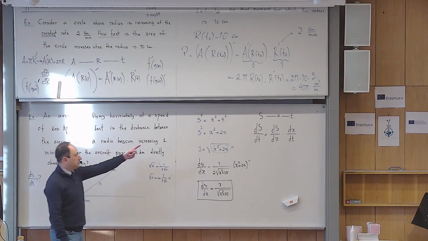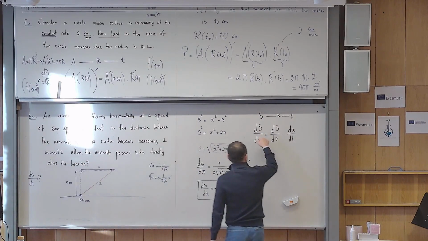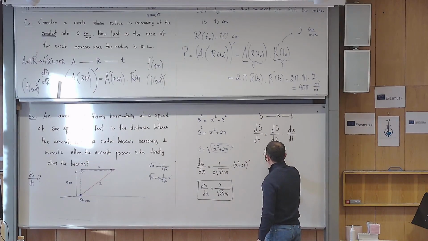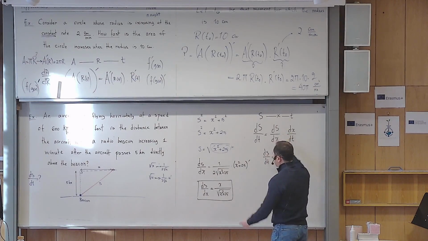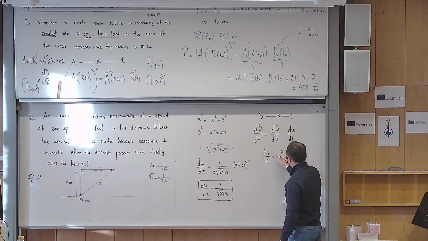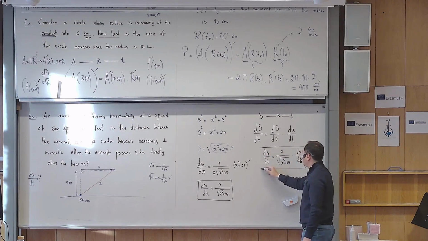Okay, I put it back in my formula. ds dt, which is wanted, is equal to ds dx, which is this quantity, multiplied by dx dt. This is your fundamental relation.